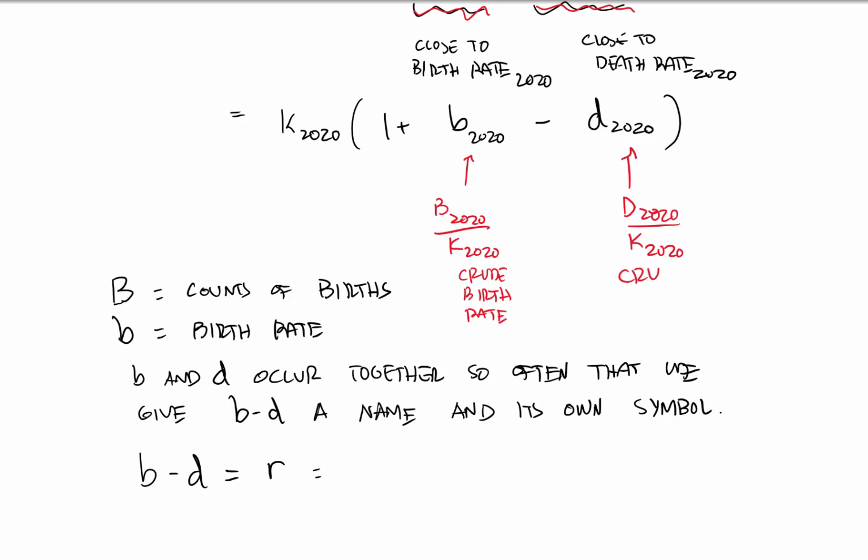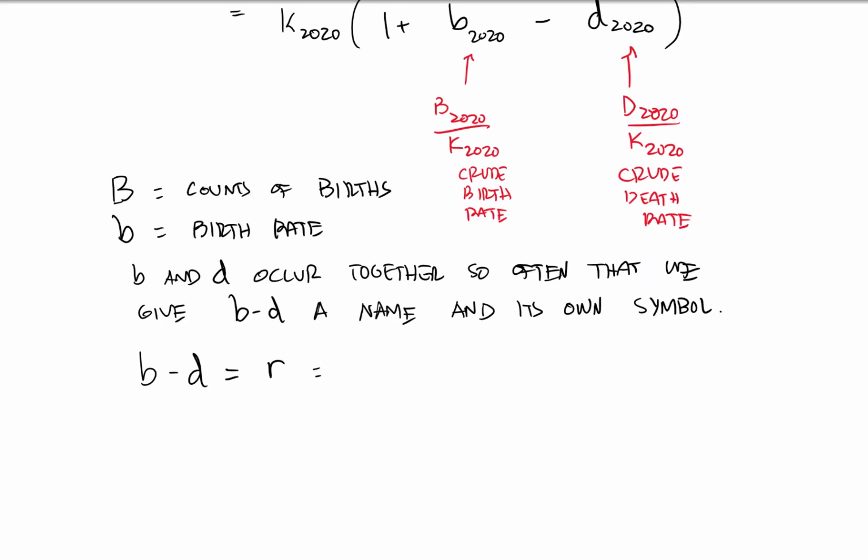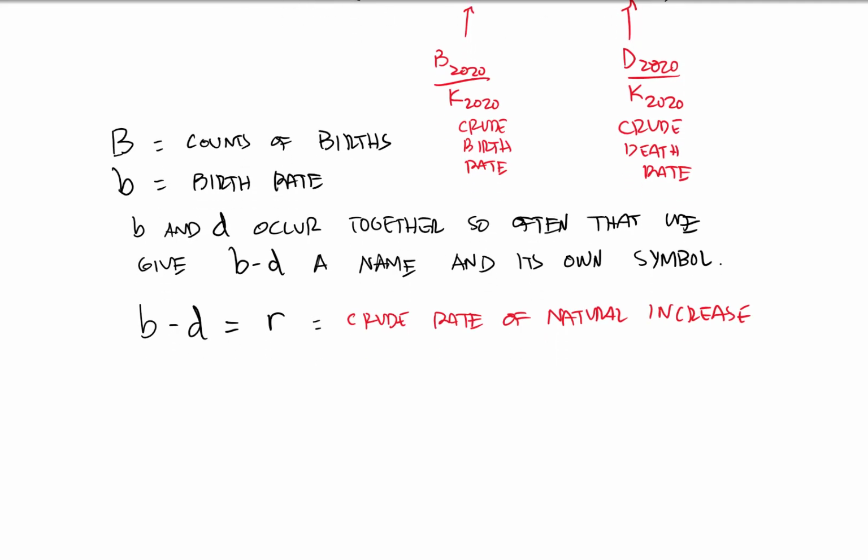This is going to be called the crude death rate. And B minus D is going to be called the crude rate of natural increase. So lowercase r is our crude rate of natural increase.